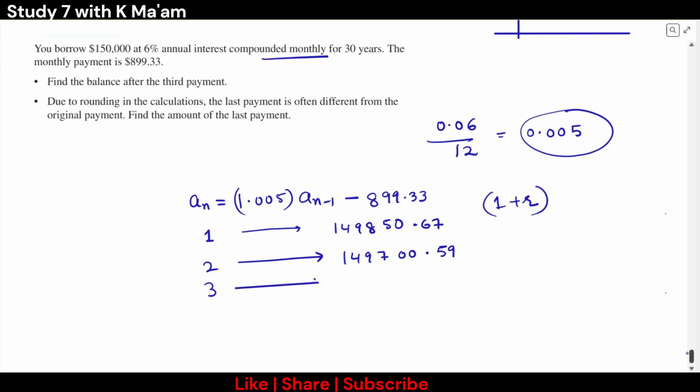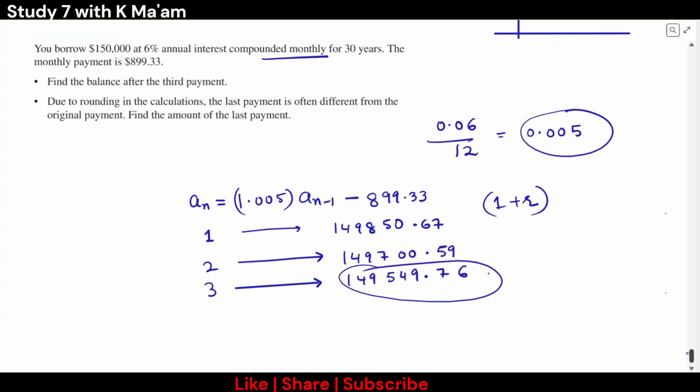After the third payment, 149549.76. So this is what we got after the third payment. After the third payment, this is our balance. The question is asking for this.